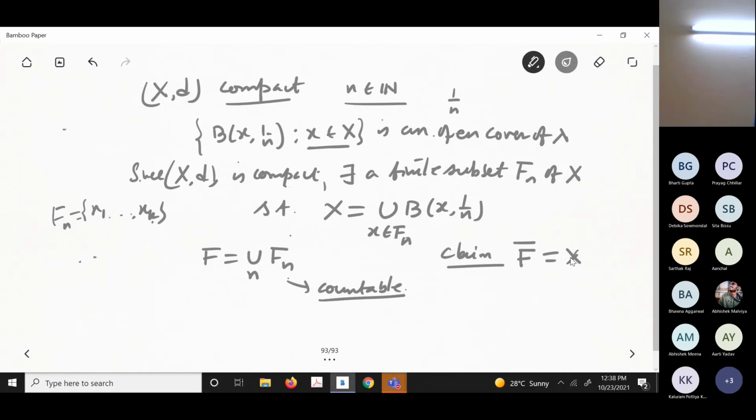What I'll have to show is that any ball around any point must intersect F. First of all, choose m belongs to N such that 1/m is less than r.